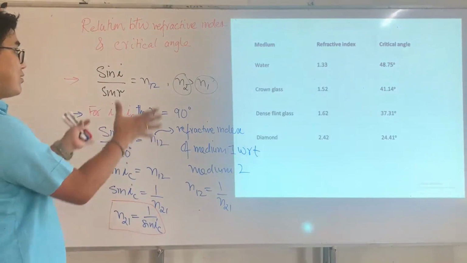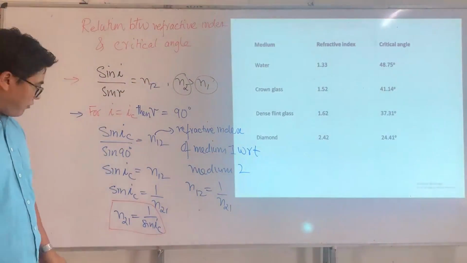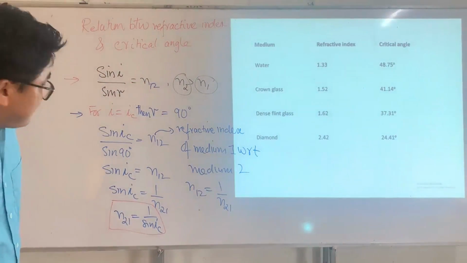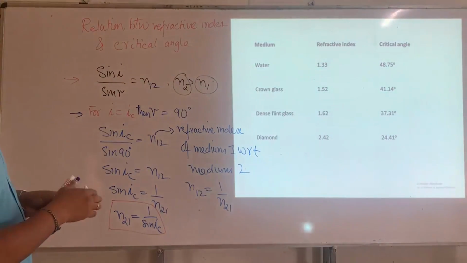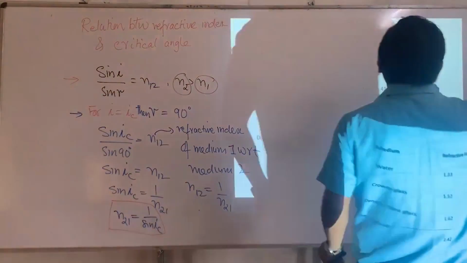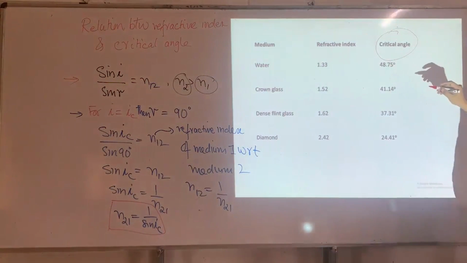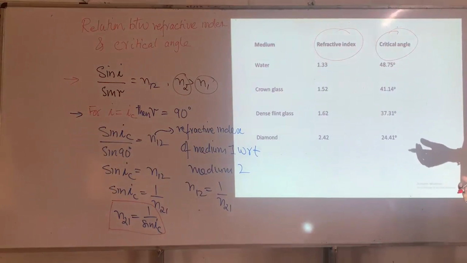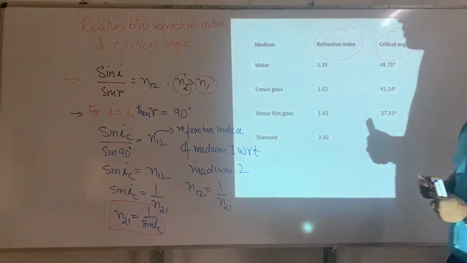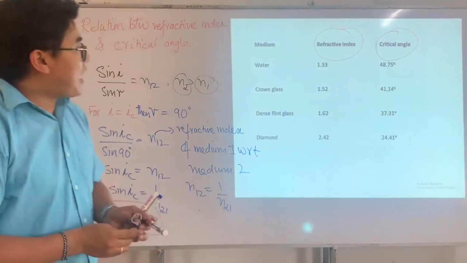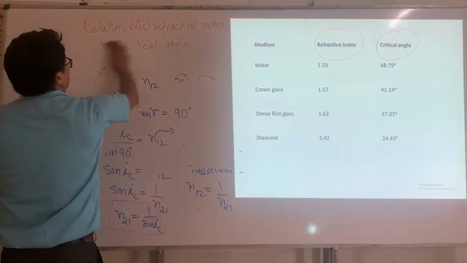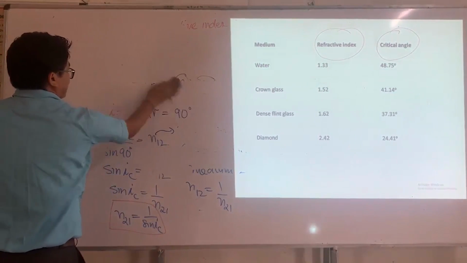This frequently comes in exams, the relation between refractive index and critical angle. The critical angle also defines a property of transparent media, just like refractive index. Now we would like to discuss phenomena related to total internal reflection.